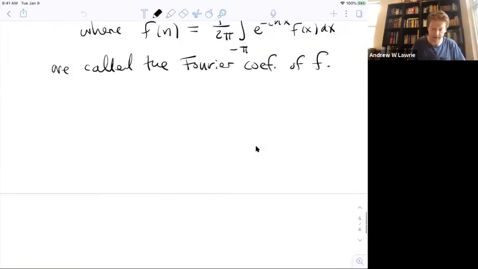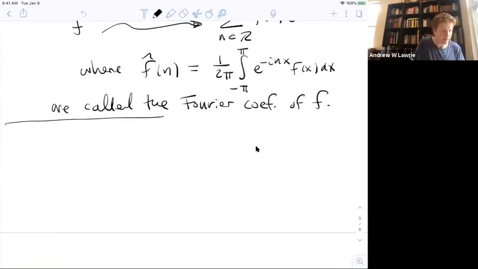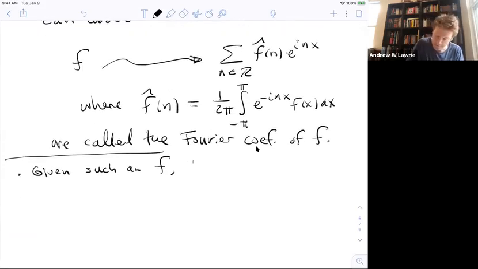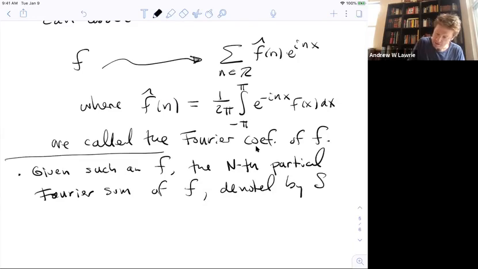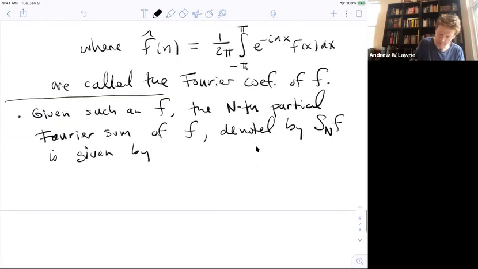The next object I'll define: given such an f, the Nth partial Fourier sum, denoted by S_N f, is given by S_N f of x, where I take part of its Fourier series.